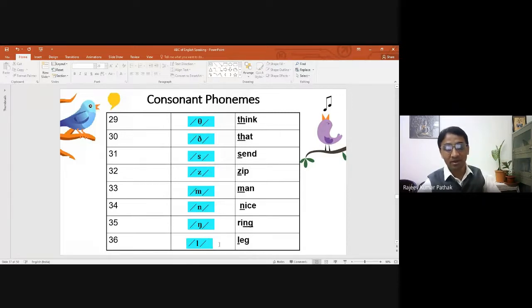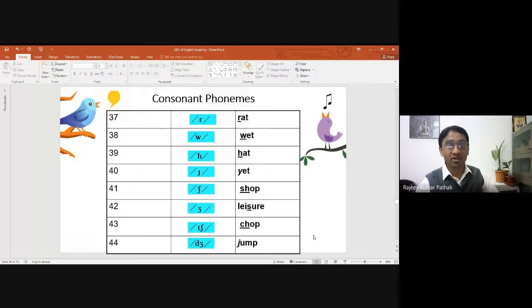We have l sound, as in leg, loot, lucky, something like that. Then we have r sound, as in rat, ram, ruby, a lot of words.